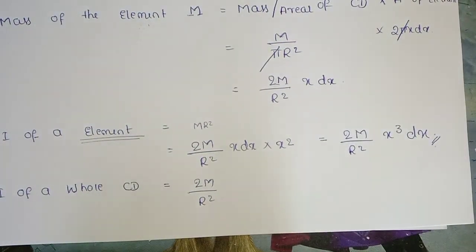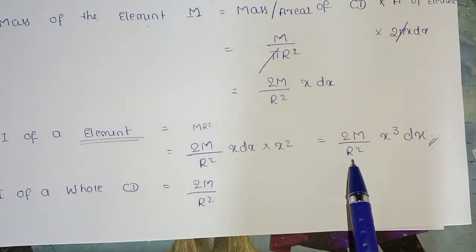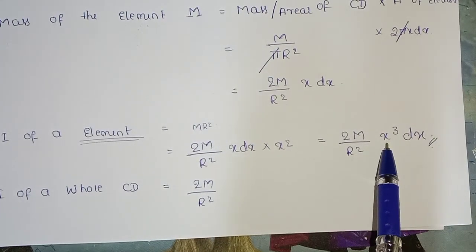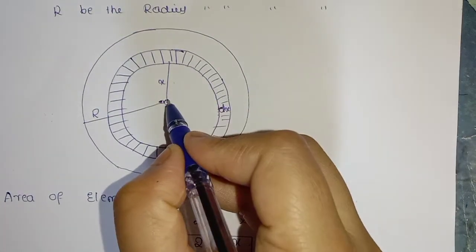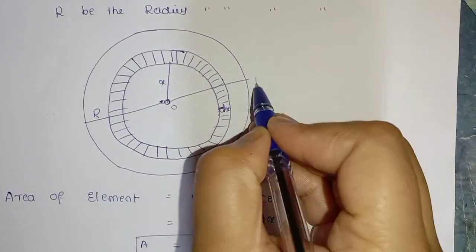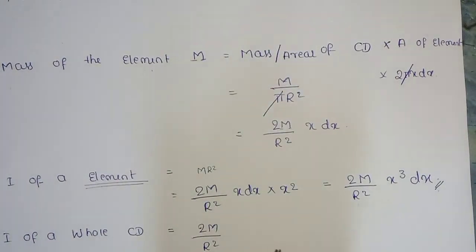X is the variable. 2 is constant, the mass of the circular disc is constant, the radius of the circular disc is constant, but the variable is x, because x can vary from 0 to capital R. Therefore, the moment of inertia of the whole circular disc is 2M divided by r square, a constant, times the integral of x cube dx from 0 to capital R.